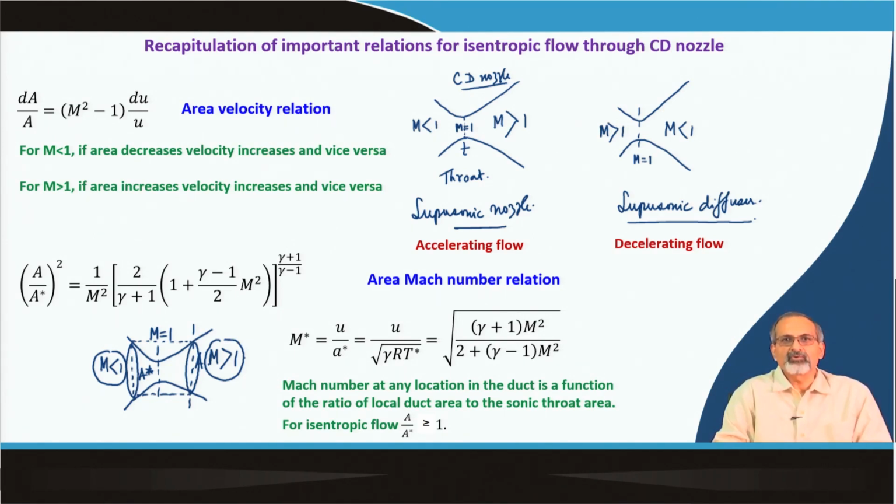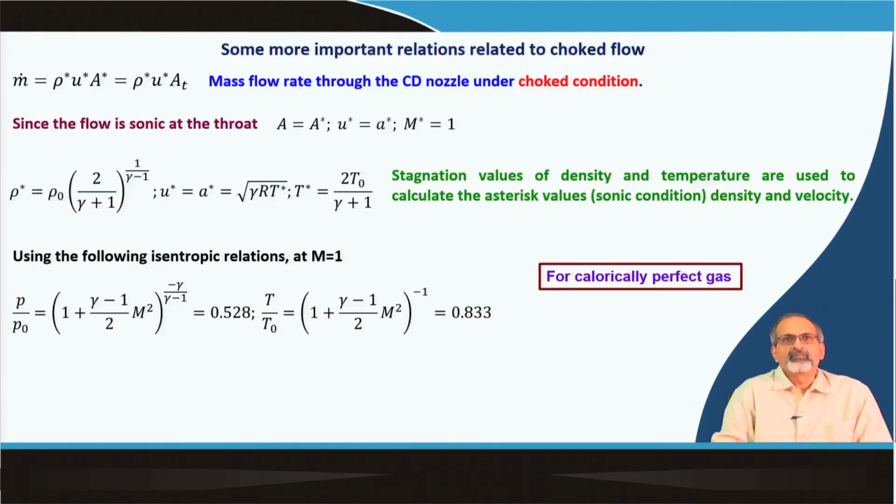the sonic throat area. And we talked about mass flow rate through the CD nozzle under choked condition, and in this equation you see that M star has been written in terms of the star conditions. The rho star, U star, T star values have also been mentioned.